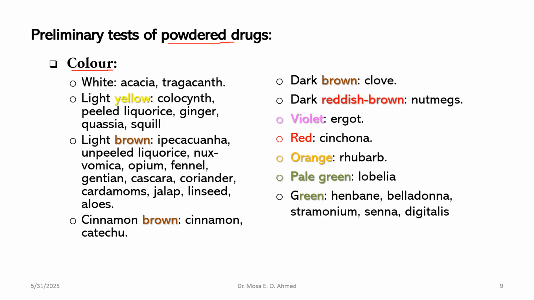Here below there are several examples of natural drugs in powdered form with different colors. For example, cassia and calcium have white colors, while curcuma, liquorice, ginger, quassia and squill have yellow color and others brown color, as we said, like liquorice, nux vomica, opium powder, vanilla and so on.